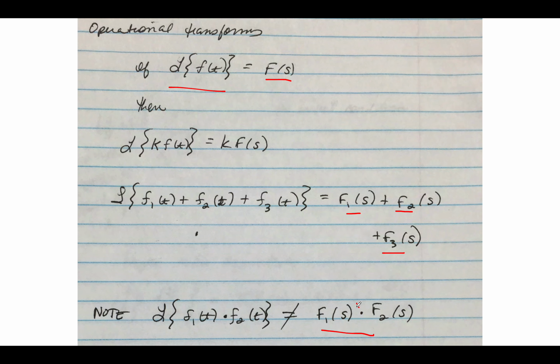For example, for the second derivative, you would have s squared F(s) minus s f(0-), and then minus an initial condition on the first derivative. And you can iterate this to the nth derivative, and we showed that formula on the table.